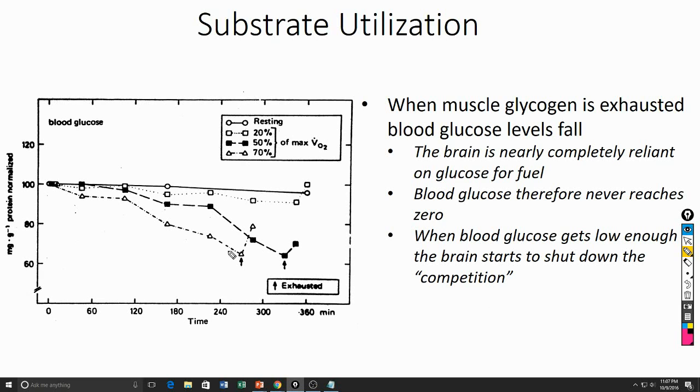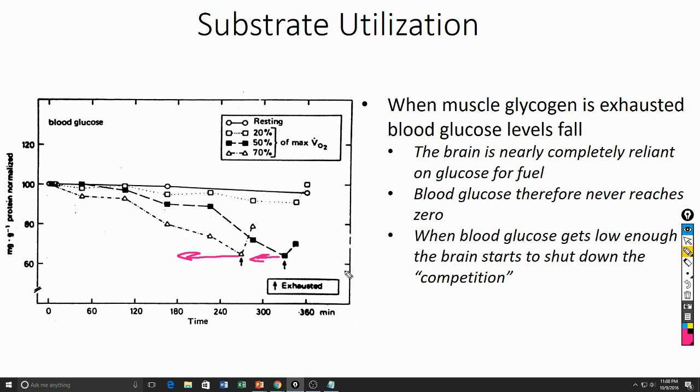If your blood glucose levels hit a certain point, you see there's about the same point here, you reach exhaustion. Reason being is your brain and your central nervous system require glucose as their primary fuel source.